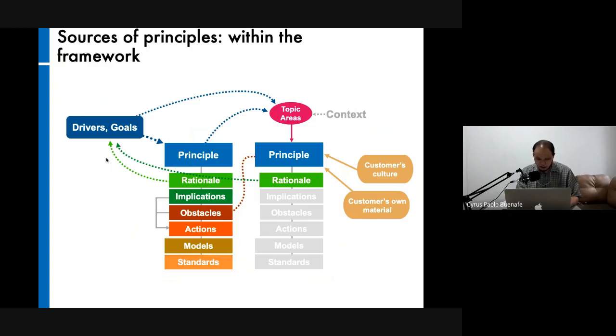And notice here that the obstacles can actually be your material for another principle in a different view. Regardless of the view, other sources of the principles can be from the culture and the material of the customers.